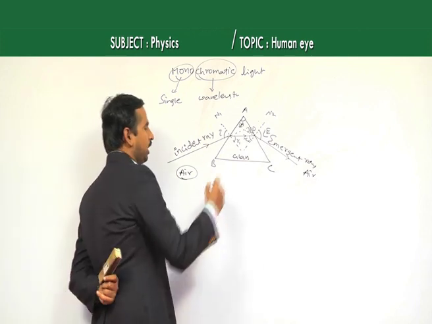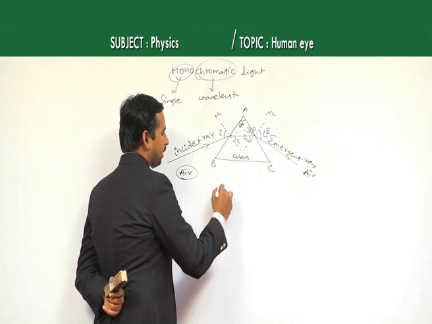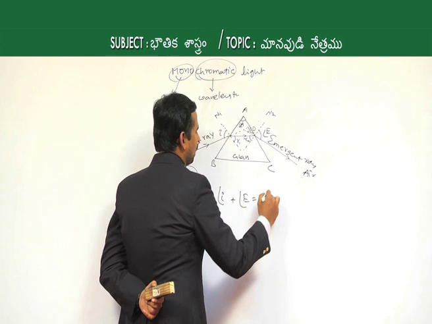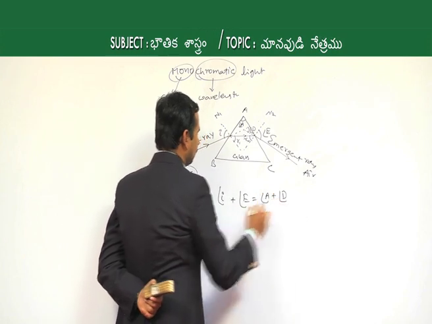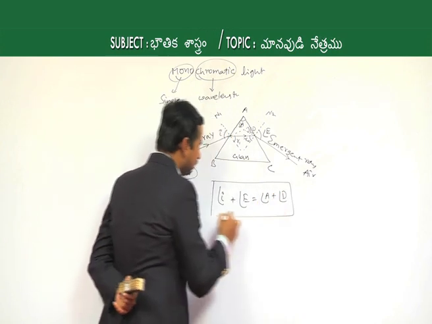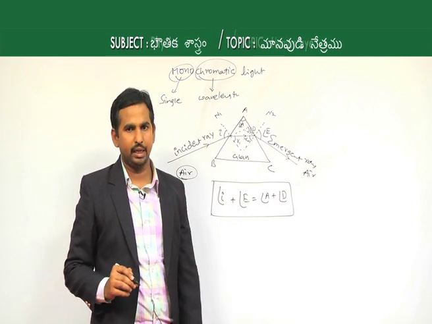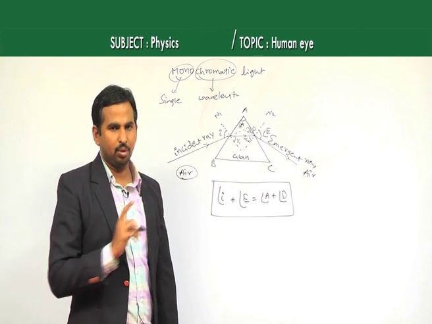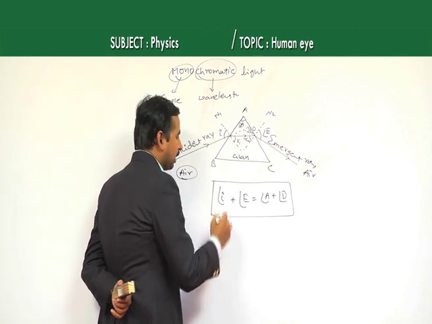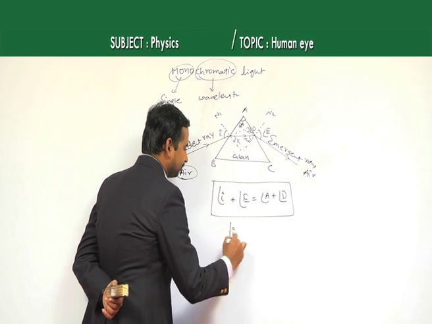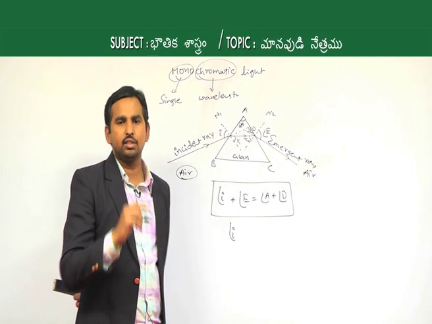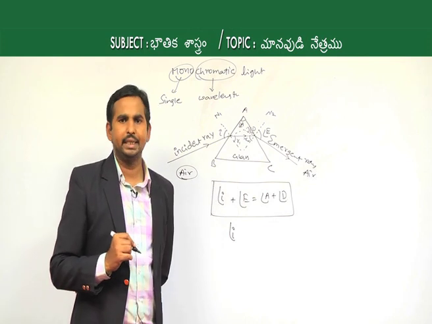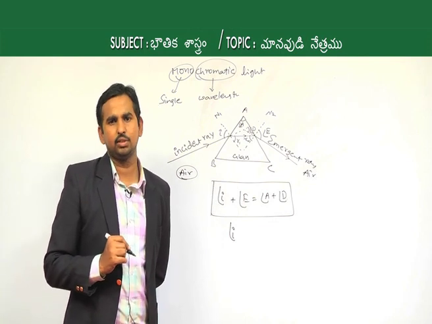Okay. The relation between these 4 angles is: angle of incidence plus angle of emergence is equal to angle of the prism plus angle of deviation, I plus E is equal to A plus D. But remember, if you increase the angle of incidence, gradually the angle of emergence decreases.